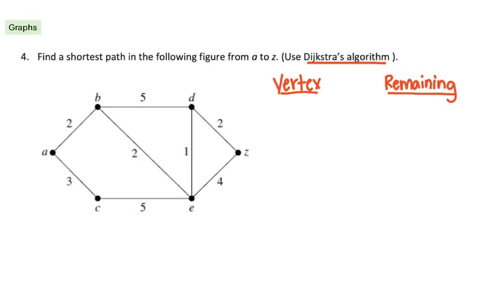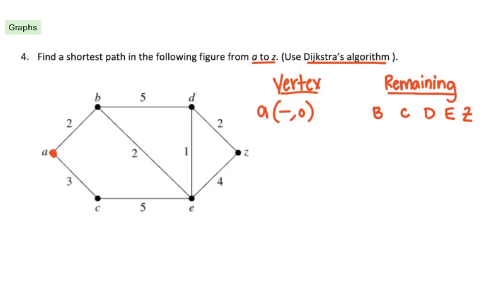So we start at the first vertex because we're trying to go from A to Z. We say, look, A, we didn't have any vertex before, and it didn't take us any distance to get there. So that's our starting number. And then the remaining vertices are B, C, D, E, and Z. Okay?